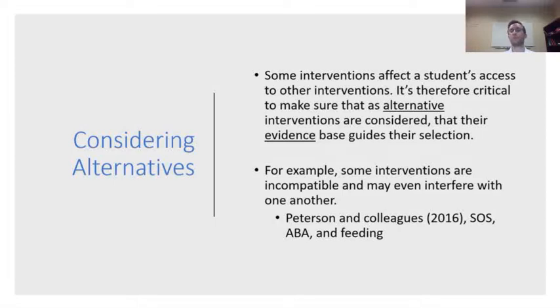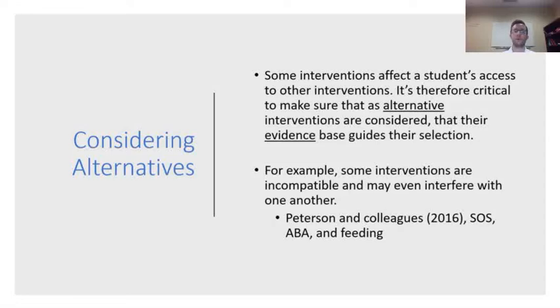Or the intuitive appeal of the alternative intervention, or even strong emotional appeals from anecdotal sources who swear that intervention's great. It needs to be based on the evidence base, the scientific evidence base.